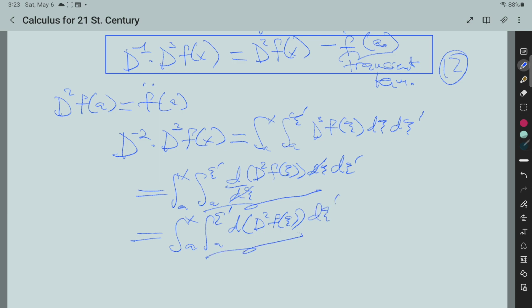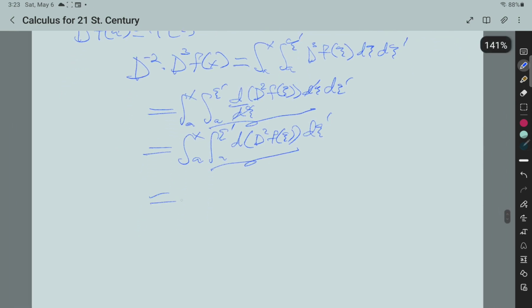Okay, so this integrates to a to the x, this integrates to just whatever is inside this parenthesis, and then you plug in the limits of integration. So it's going to be d2 f of c, and then evaluated at c prime and a.